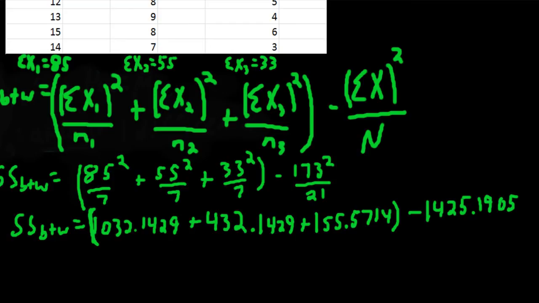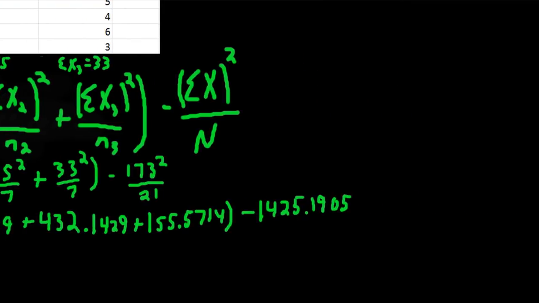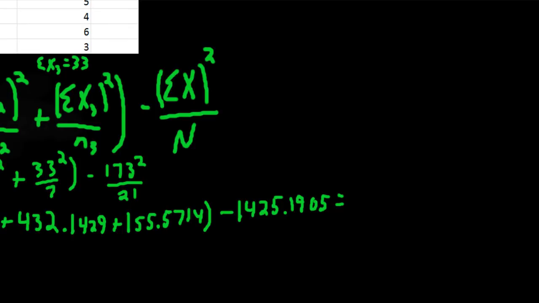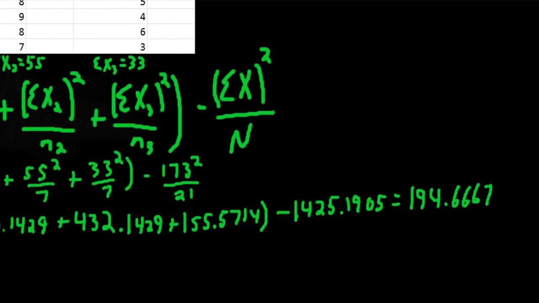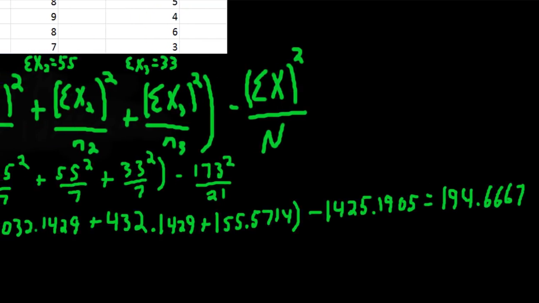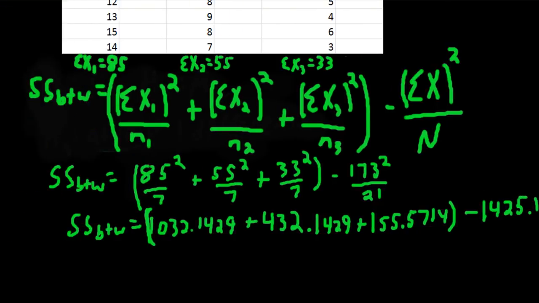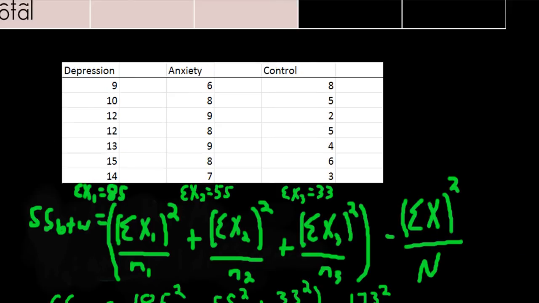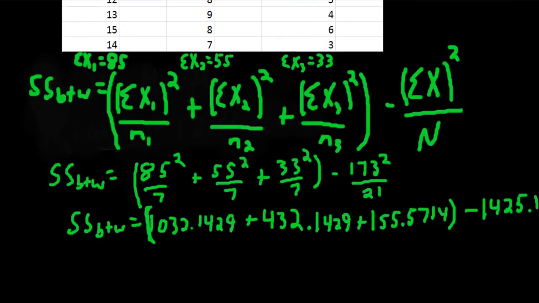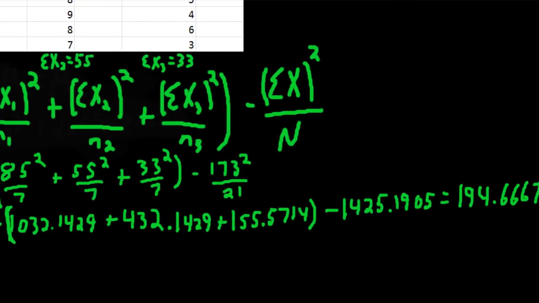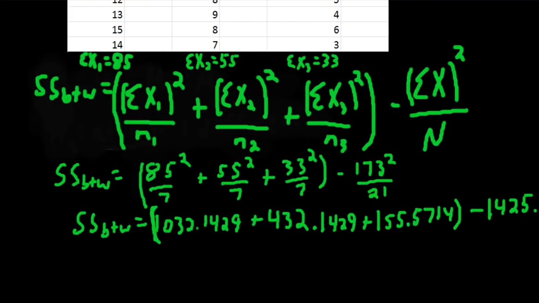And I get 194.6667 as our sum of squares between. So we can put that into our ANOVA table. 194.6667.